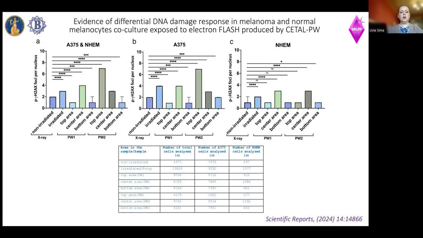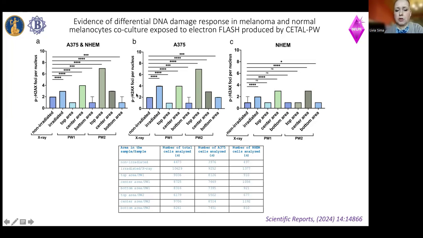At the end, we obtained results such as the one shown here, where you can look at the effect of radiation on the whole sample, on the co-culture, and also separately look at the effect of radiation in cancer cells versus normal melanocytes.